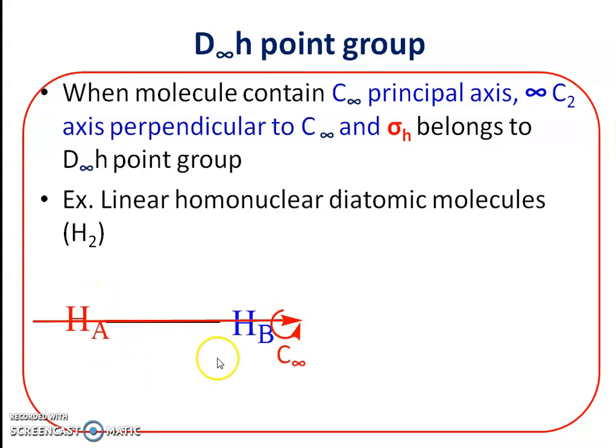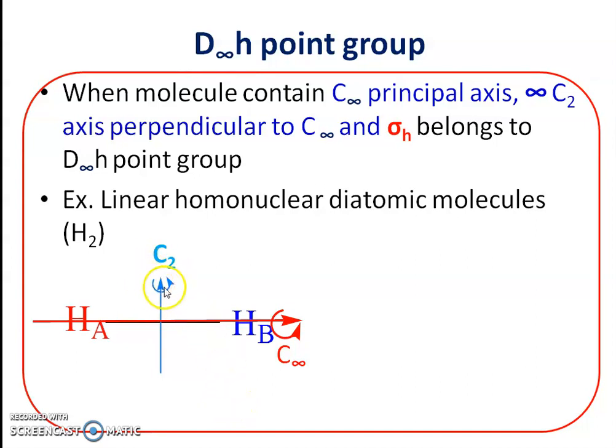Now at right angle to this C infinity principal axis, imagine another axis which is passing through the center of the covalent bond of this hydrogen molecule. This is the C2 secondary axis, at right angle to the C infinity principal axis.